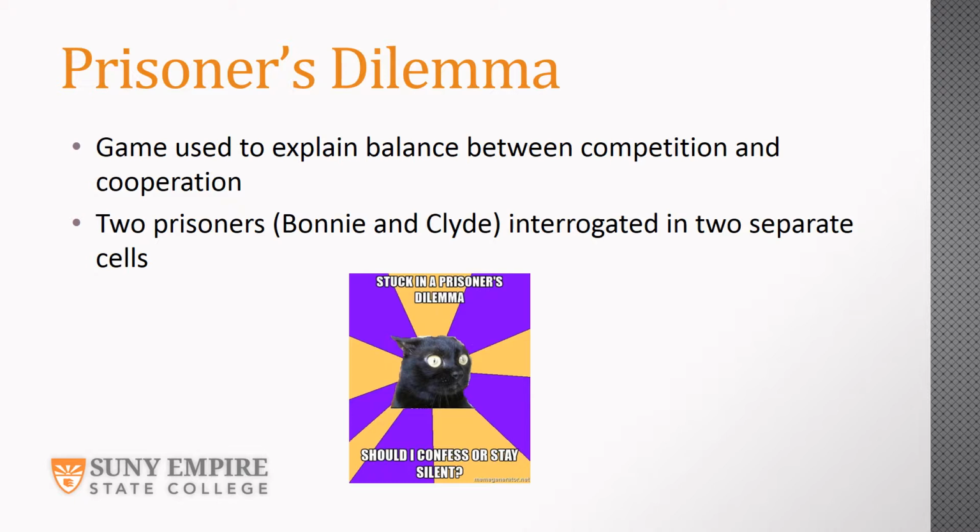Suppose two convicts, Bonnie and Clyde, are suspected of a crime. However, the police do not have sufficient evidence to peg the crime on one suspect or both. Therefore, they interrogate the prisoners in separate rooms.